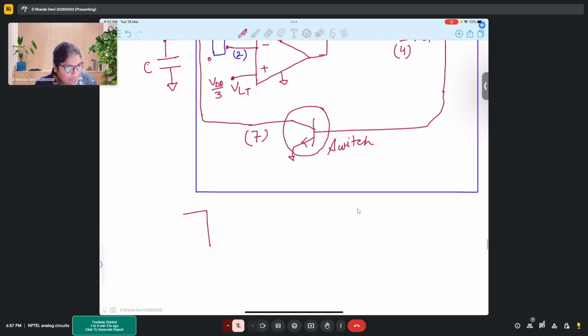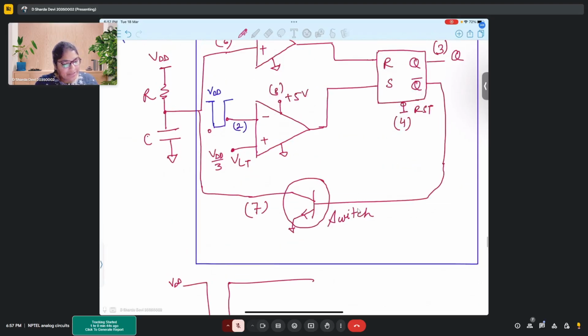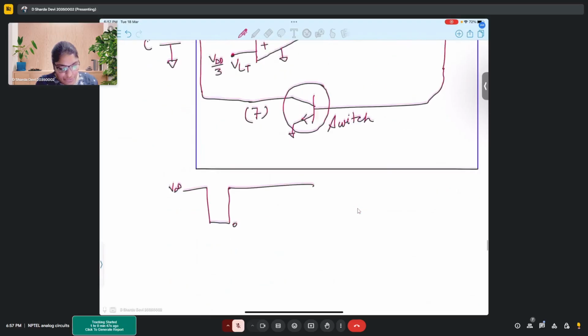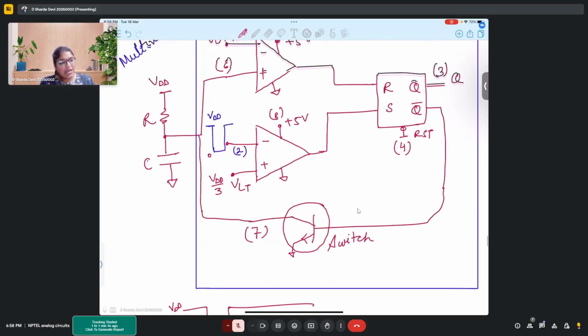So what happens is when we apply a pulse of VDD, and this is 0, a lower going pulse, the capacitor starts to charge, and it charges with the expression of 1 minus e to the power minus t upon RC, and it reaches the value of 2 VDD by 3, which is the value corresponding to the upper threshold.